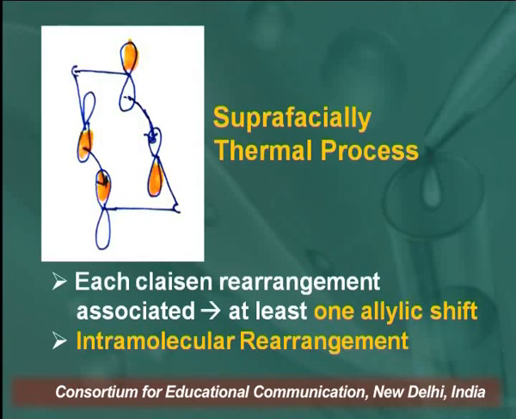It is a thermally induced overlapping of HOMO and LUMO that takes place superficially. So in each Claisen rearrangement reaction, at least one allylic shifting takes place. So an allylic group is a must, an allylic carbon is a must in sigmatropic rearrangement reactions.